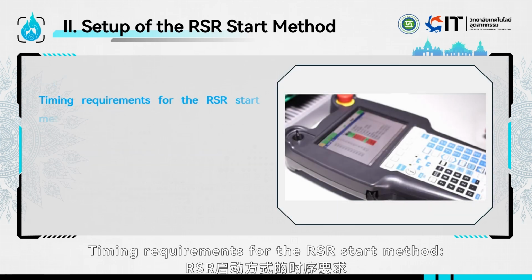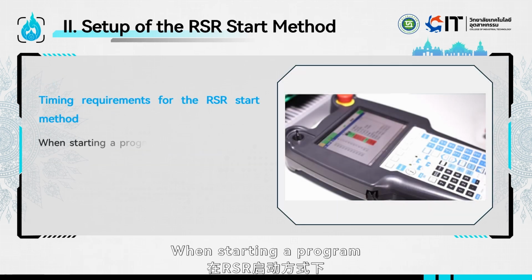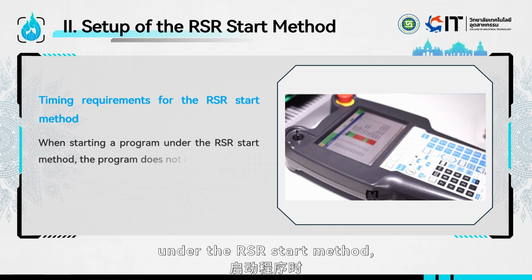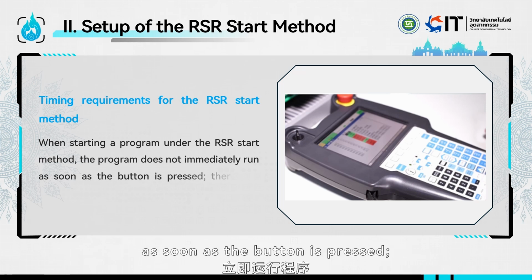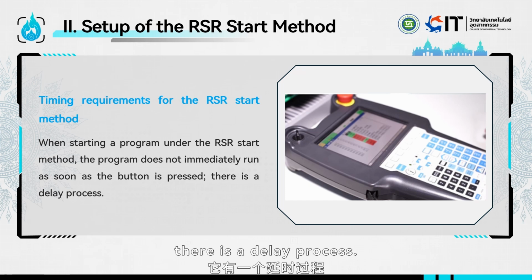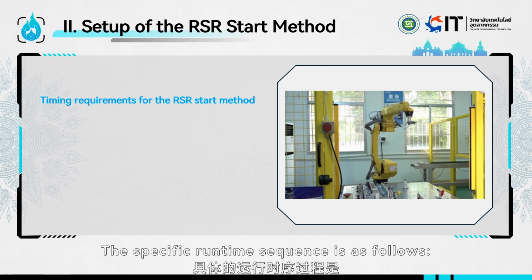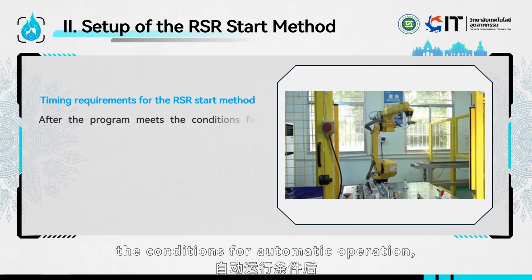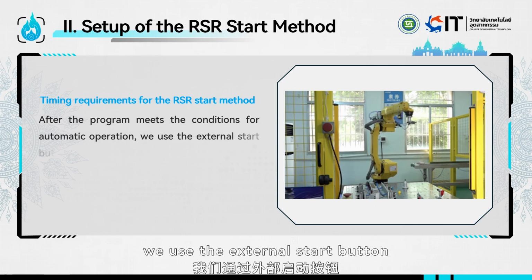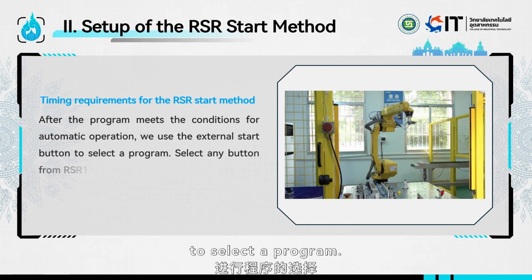Timing requirements for the RSR start method. When starting a program under the RSR start method, the program does not immediately run as soon as the button is pressed. There is a delay process. The specific runtime sequence is as follows. After the program meets the conditions for automatic operation, we use the external start button to select a program.